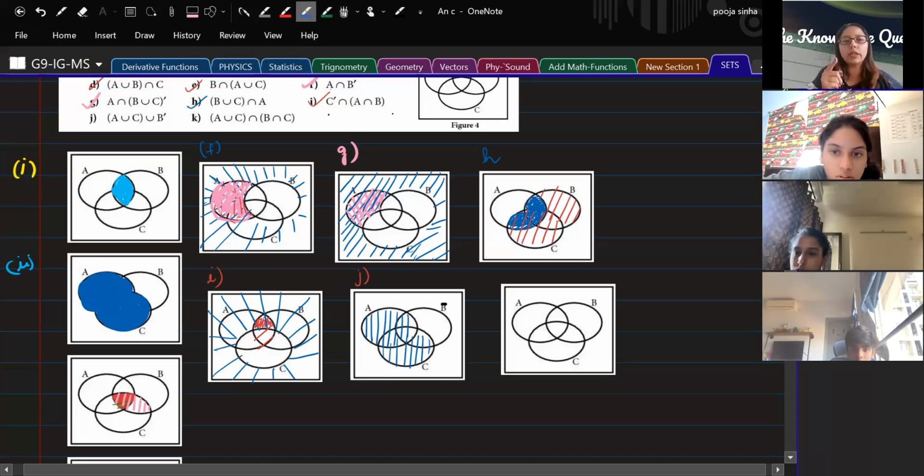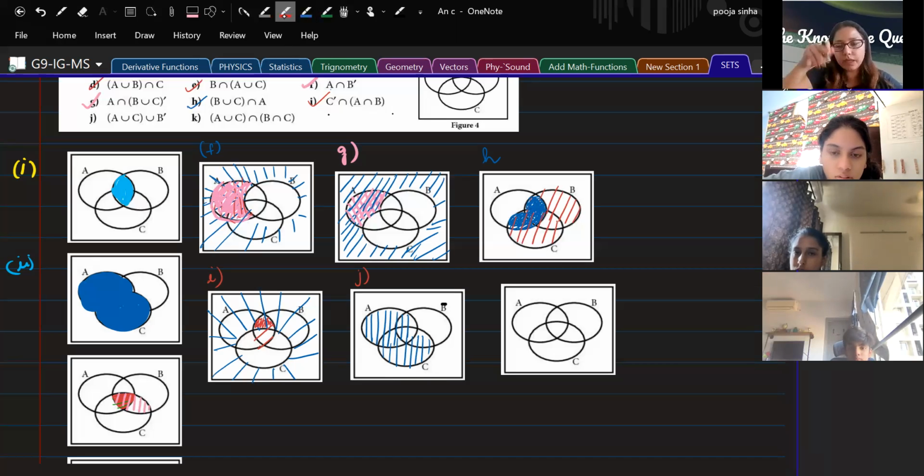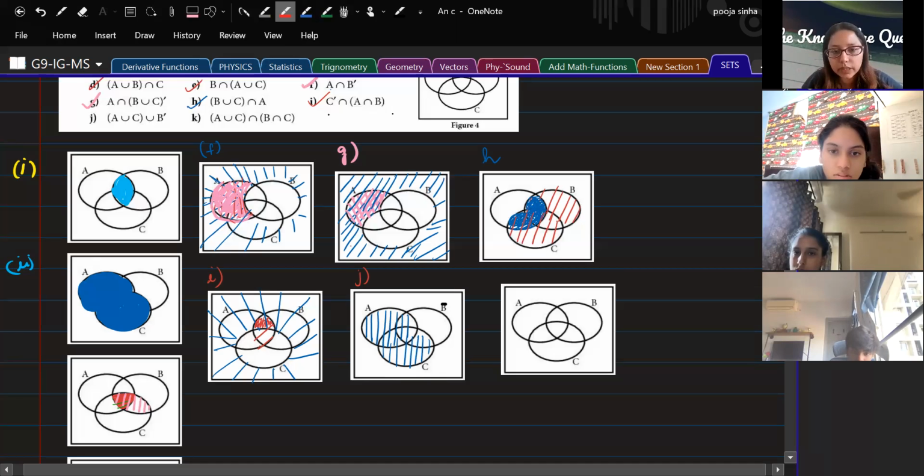Then I'm going to mark what is B complement. I'm not bothered about the B sign. B complement is the whole of this except the B part.